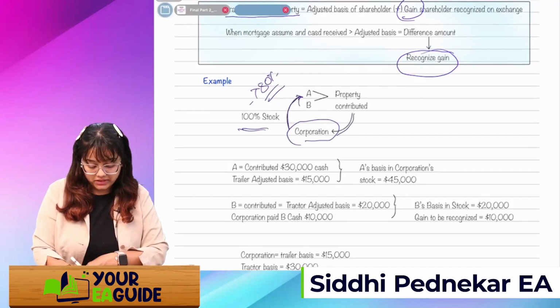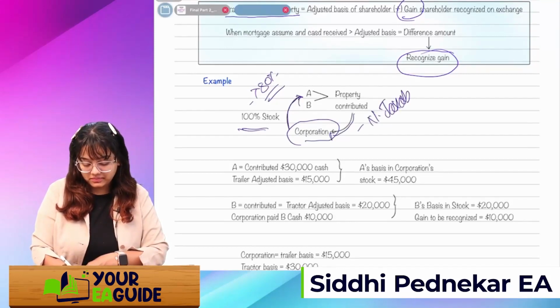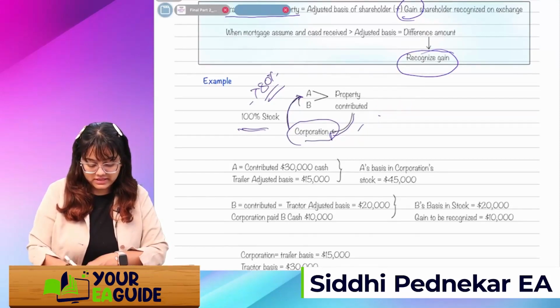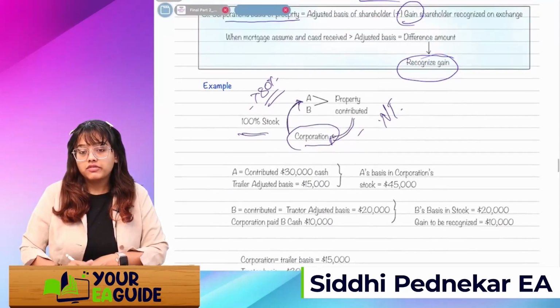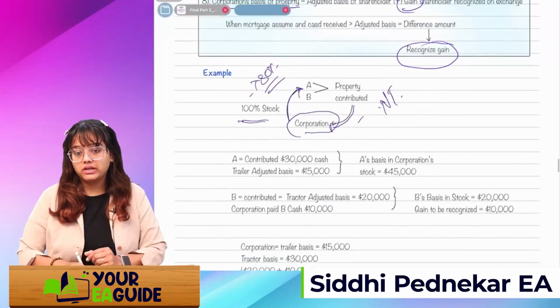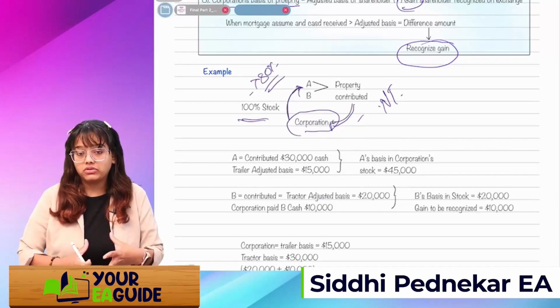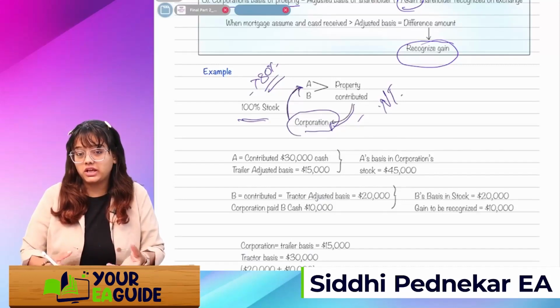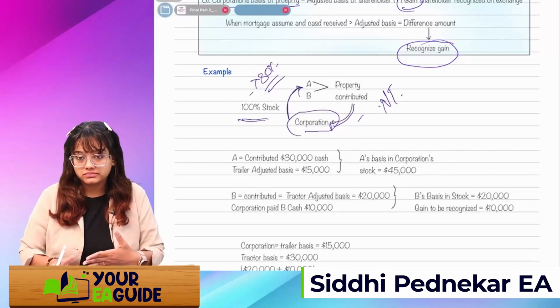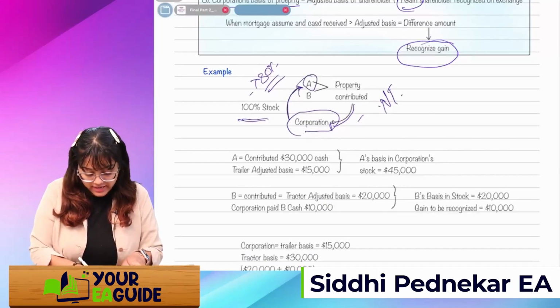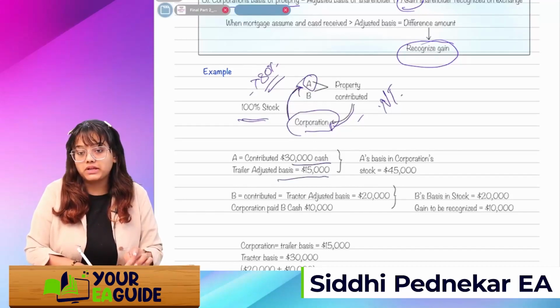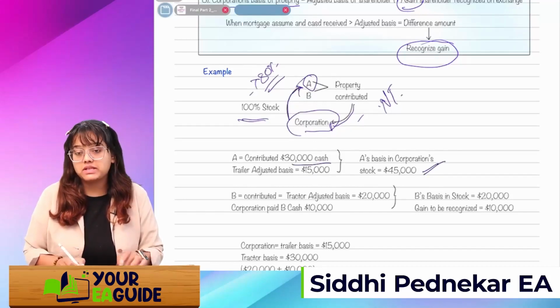So whatever property they have contributed will be considered non-taxable. For example, A has contributed 30,000 cash, and along with that he has also contributed a trailer, a machinery, for 15,000. So what is A's basis? Whatever cash he contributed plus the property he contributed: 45,000 is his basis in the corporation.